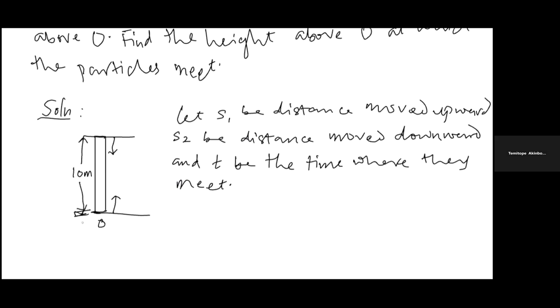So let's say this is S2, cover certain distance. This is S1, cover certain distance. And they will meet at a particular point T here. Hope I'm communicating.